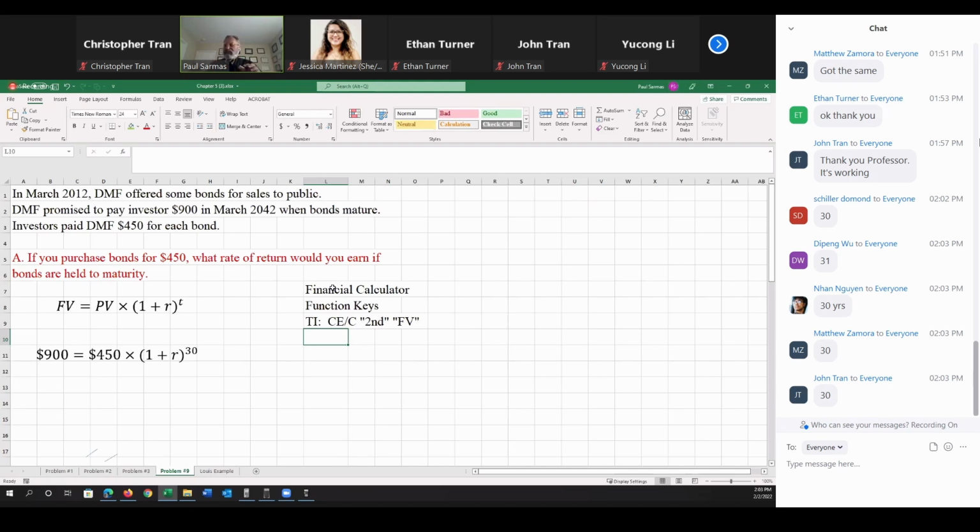So if I take 450 plus minus, and that's my present value, and 900 is my future value.